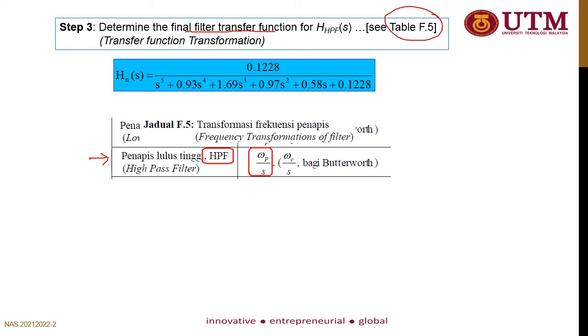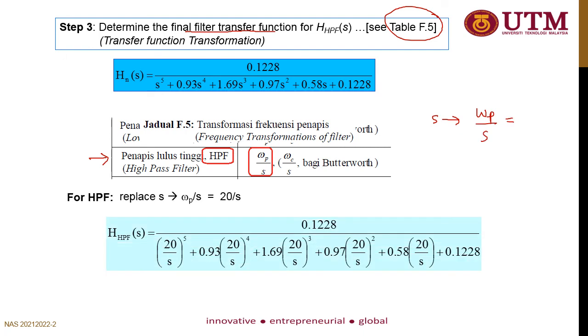So S will be replaced by omega P divided by S. So your omega P equals 20 in this case, so 20 divided by S. From the normalized transfer function, all S must be converted into omega P over S. Okay, then you can just leave your answer as this. You don't have to calculate the final equation to save time.